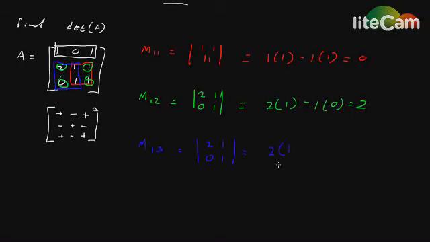Ooh, something's wrong here. Sorry, I made a little mistake there. Let's just quickly erase that. My bad. I actually need to erase a little bit more. I put the wrong things into this matrix.